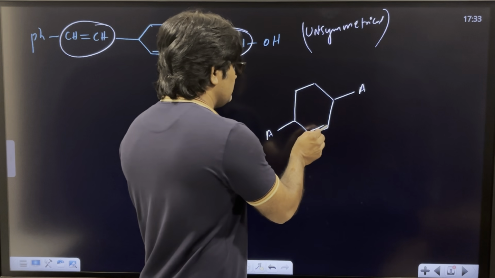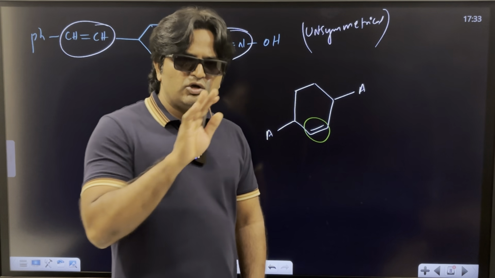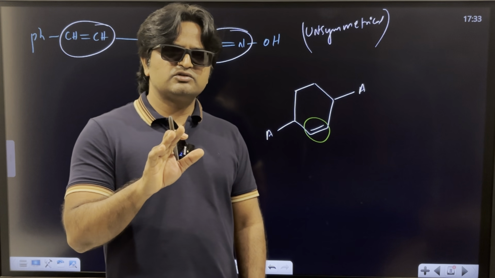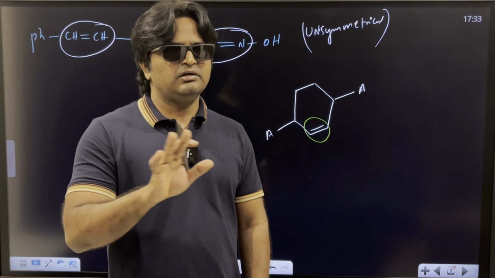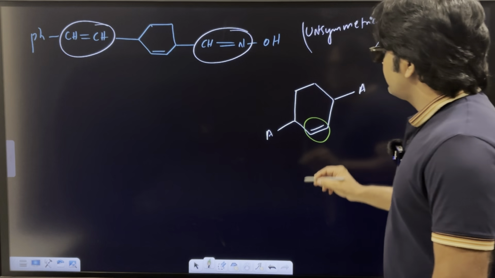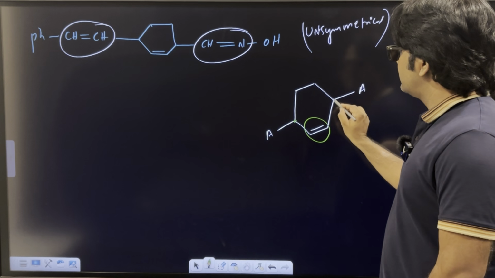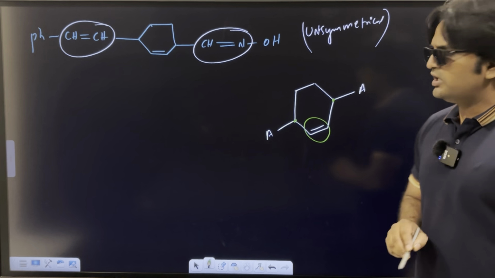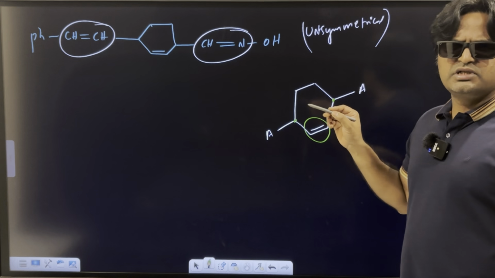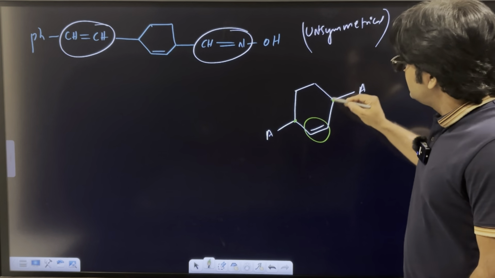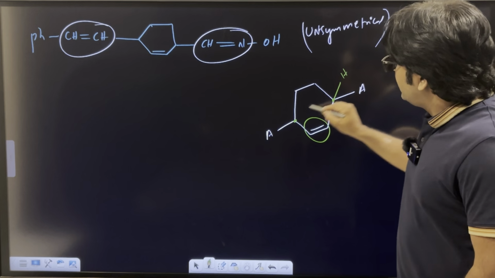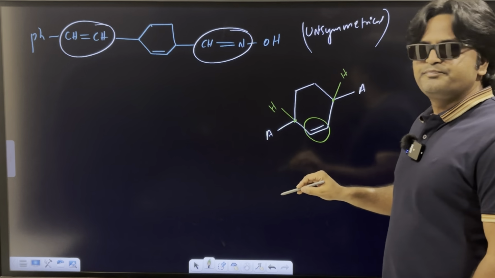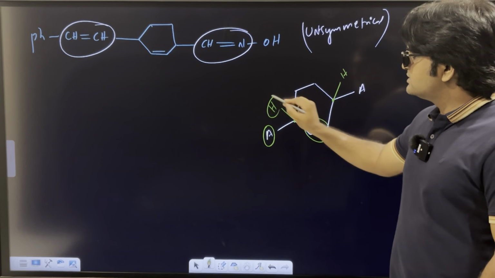That's why I am going to neglect this double bond. Don't think about geometrical isomerism about this double bond. Clear? Now come to the next one. We have sp3 carbon atoms here. Whatever the substitution given, irrespective of the given substitution, by default here there is a hydrogen and hydrogen. Here and here, same or different?